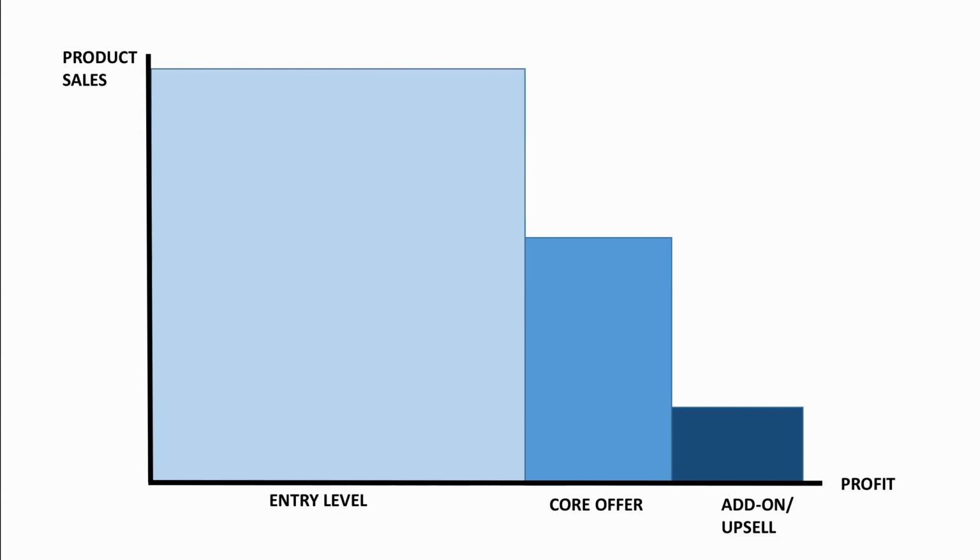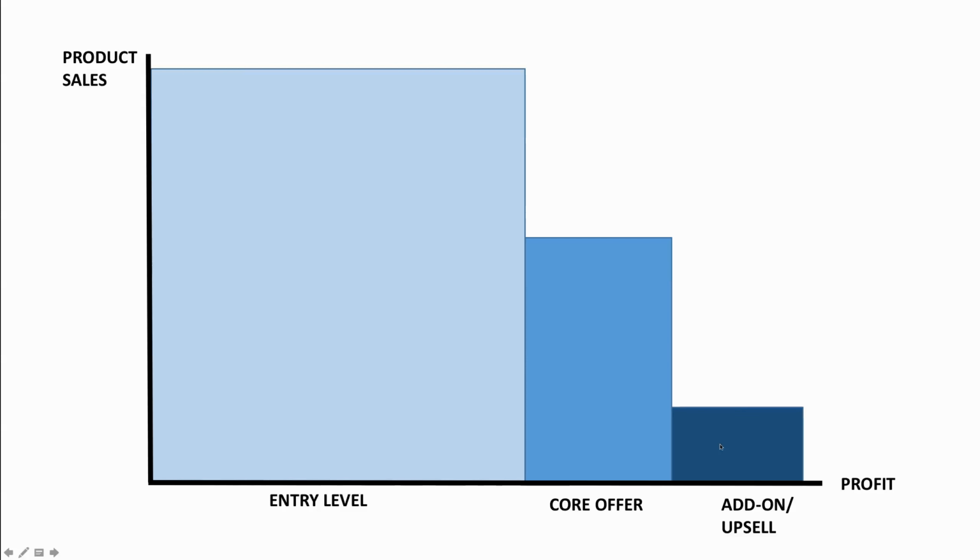Now, your core offer, which is in the middle over here, is just that: the core product. You might be an art supply company that happens to sell paint brushes, but your core offer is paint. So you're selling paint brushes at a low price, but really what you want to sell is paint.